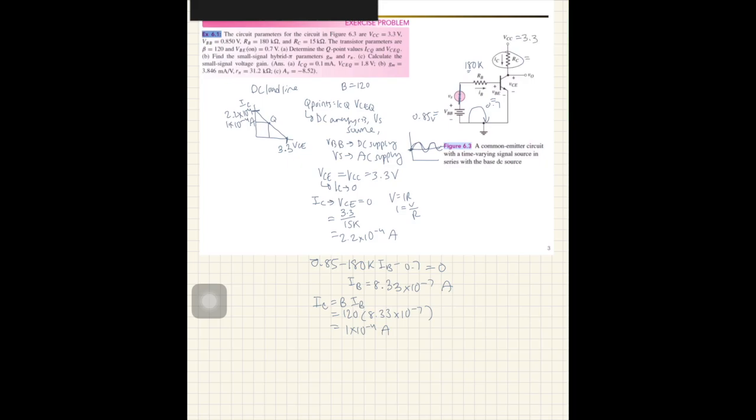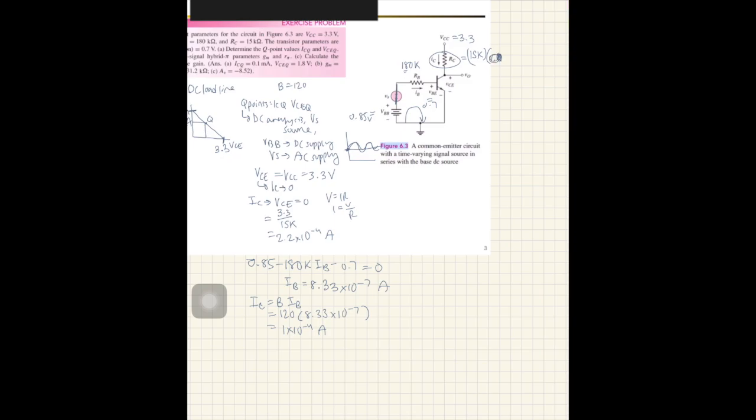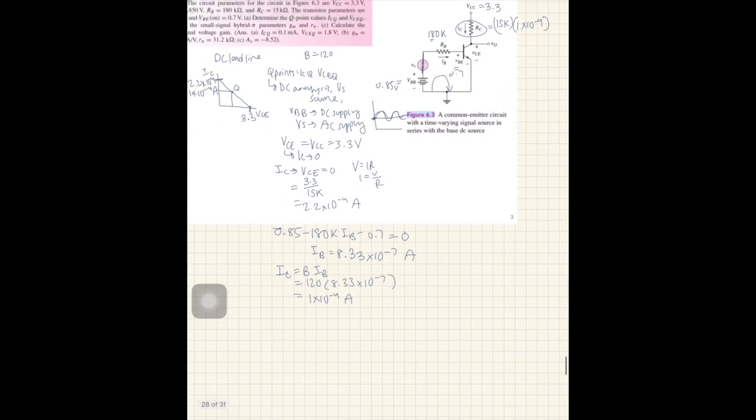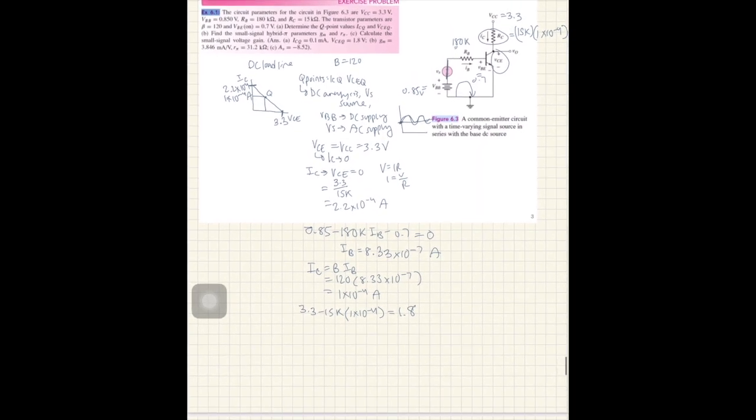So RC is 15K times IC, which is 1 times 10 to the negative 4 amps, which would give us VCE. 3.3 minus 15K times 1 times 10 to the negative 4 amps would give us 1.8 volts. So at this point, that's the Q value.